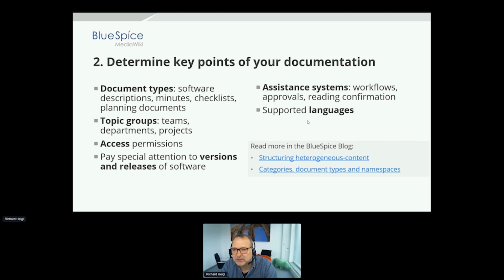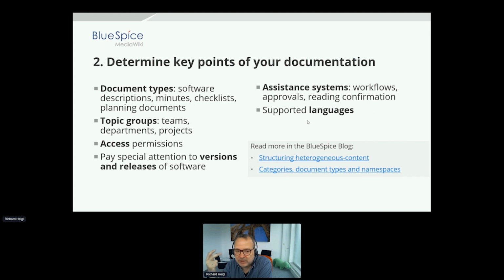But after that, we need to know what the key points of our documentation are. When I talk about key points, it's exactly what I have on this slide. First of all, and I think the most interesting point to talk about, is what sort of documents do I have? What sort of document types? You see, we have here, for example, software descriptions.